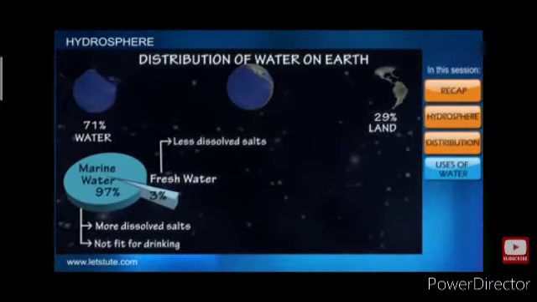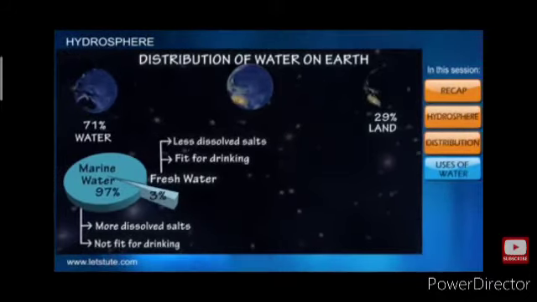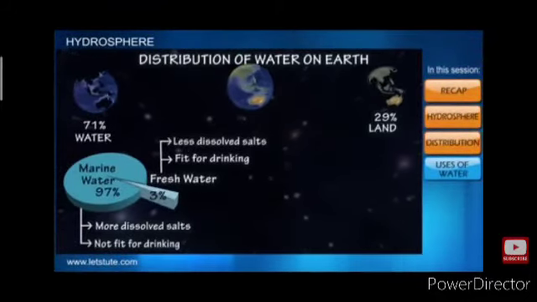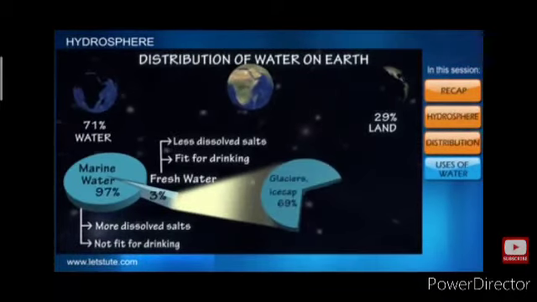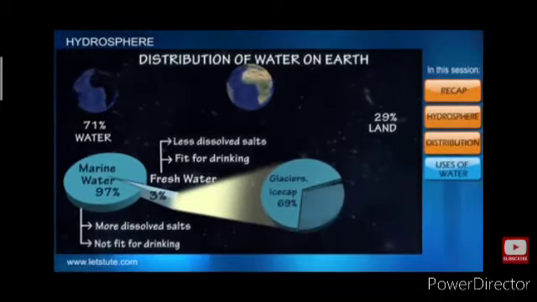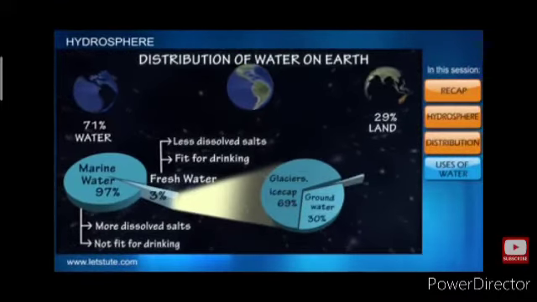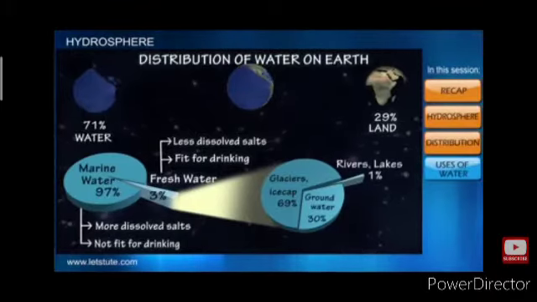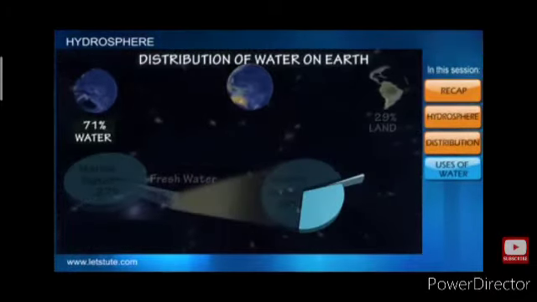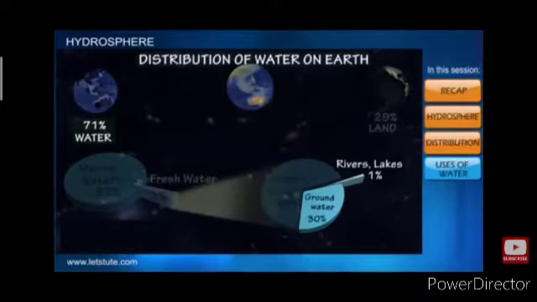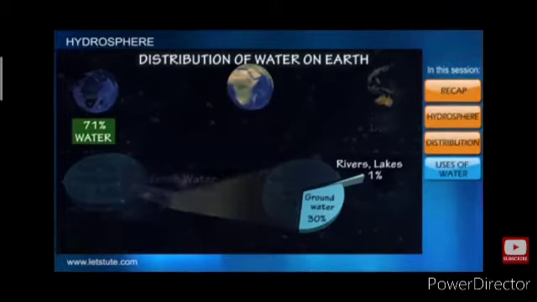Here we call it fresh water because the dissolved salt content is very less, and that is the reason why it is fit for drinking. And of the total fresh water, major part is locked in glaciers and in ice caps, followed by underground water, and just a small amount is located in rivers and lakes.